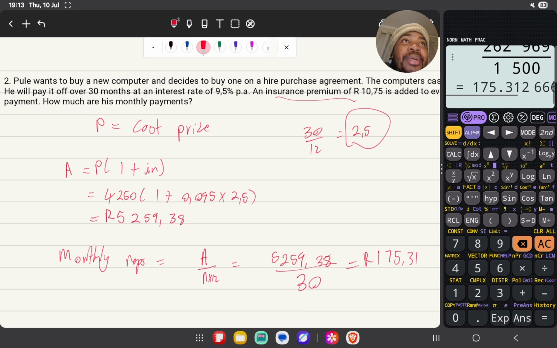But now just remember, that's not the only information they gave us. We were also told that this gentleman is going to pay an insurance premium of 10 rand 75. So we're going to add that.